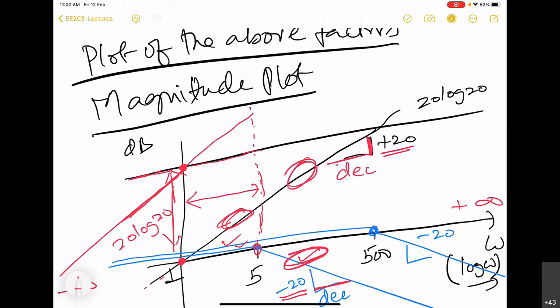In fact, both will contribute the same amount, but in opposite direction. So their contribution will get nullified, and what you will get here is a horizontal line, right? So the curve will increment up to omega equal to 5, and then it will become flat, because we have one pole and one 0, both contributing the same amount for every tenfold increment of the frequency. And this will continue till omega equal to 500.